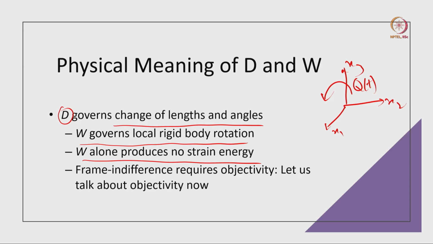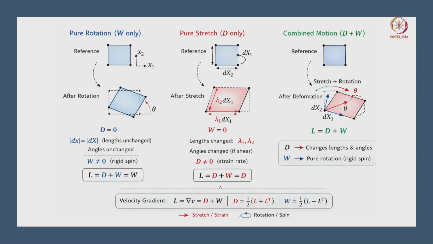Under that, if I write d and if I write w, then what will happen to them? Here the notion of frame indifference or objectivity becomes very important. So, let us now talk about it.